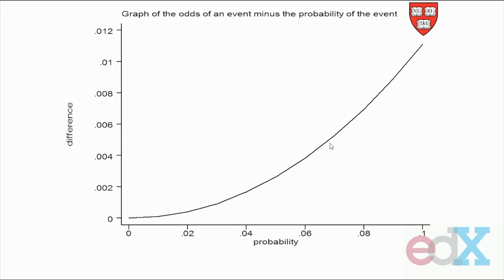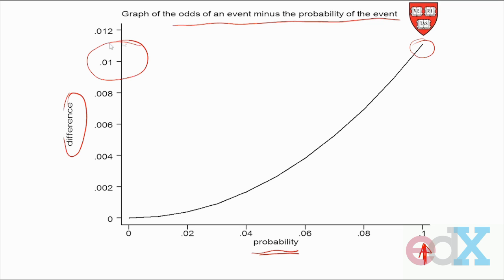You can actually see what that means. What we've plotted here is the difference between the odds of an event minus the probability of the event when the probability is less than 0.1. And you can see that the difference is, well, it gets to be sizable up here, of course.